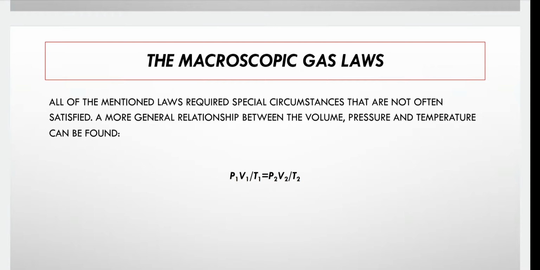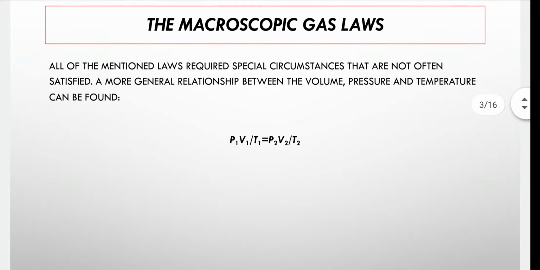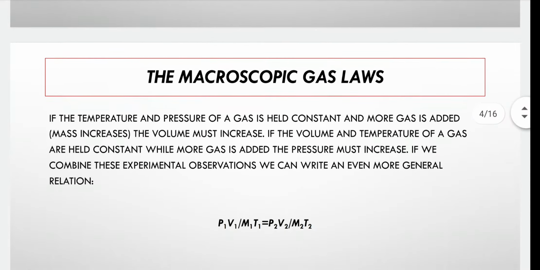The relation between the three of them, pressure, volume, and temperature, is counted like this: P1 V1 over T1 equals P2 V2 over T2. This is the overall relation between the three properties of the gas, combining Boyle's, Charles's, and Gay-Lussac's laws.